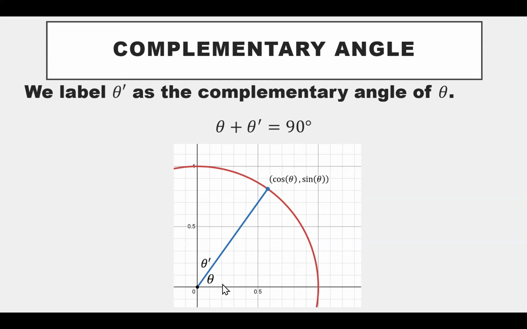One place is here at the origin. Notice that the x-axis and y-axis form 90-degree angles where they intersect. Therefore, if theta is the angle that we talked about going from the x-axis out towards the point cosine theta, sine theta, then my complementary angle theta prime would be the measure between the y-axis and that ray.